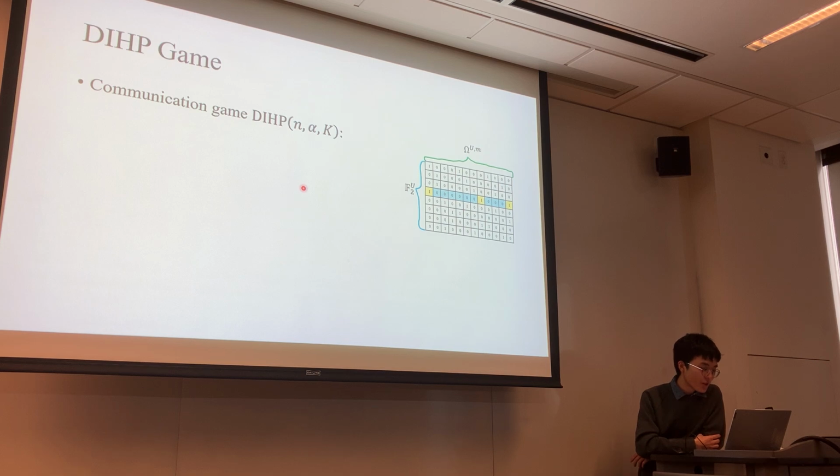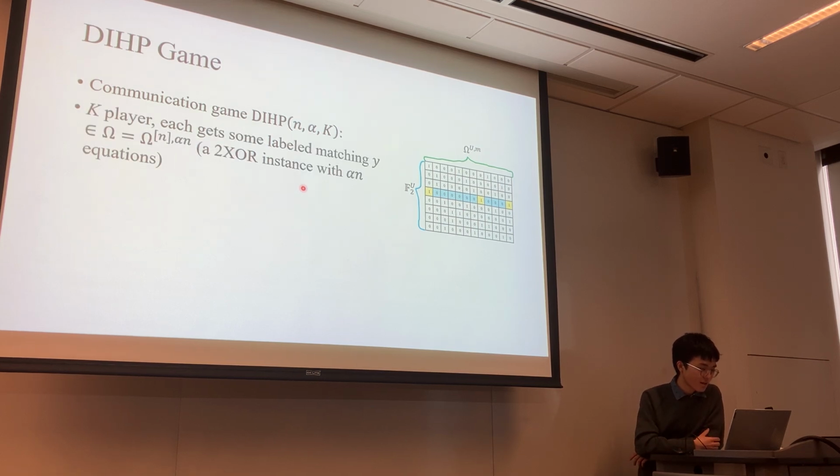In a communication game, we're going to define that there are k players, and each player will get a label matching y in this omega space. So the joint input space is going to be the Cartesian product of omega up to the k-th power.